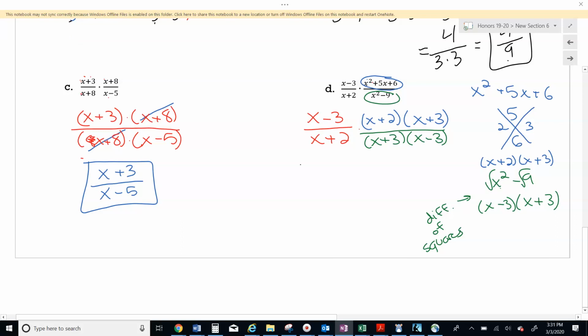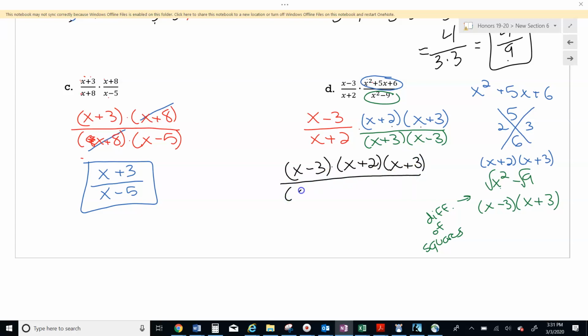Writing everything together, I have x minus 3 times, let's put in parentheses, x plus 2 times x plus 3 over x plus 2, x plus 3, x minus 3.